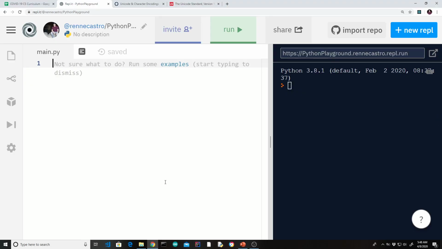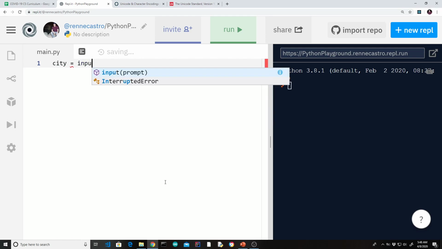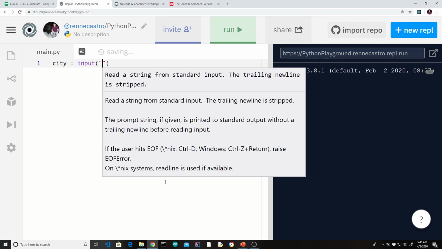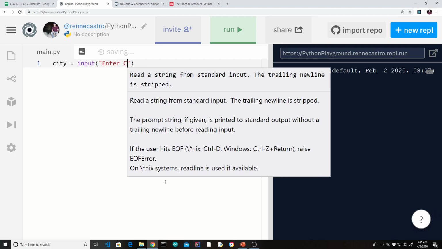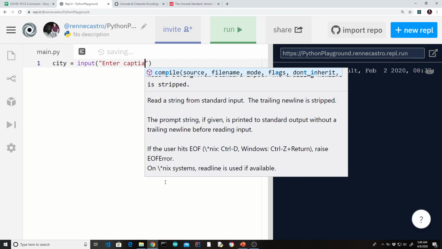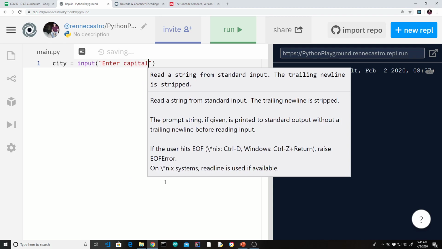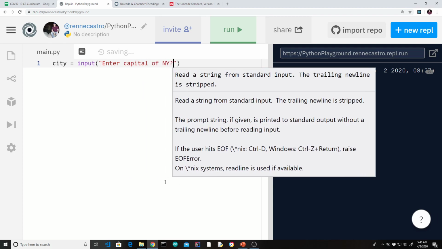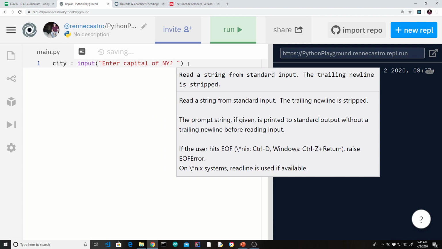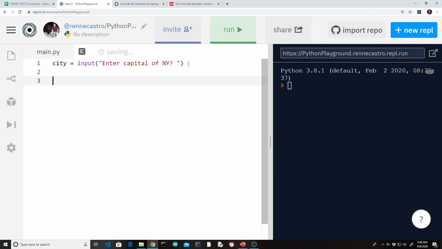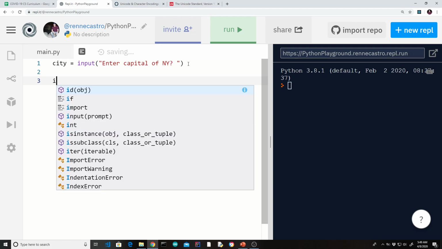So in a previous lesson, we had asked the user what the capital of New York was. So let's do that again. The capital of New York happens to be Albany. The challenge is that depending on how the person entered the answer, they either got it correct or wrong. So let me give you the simple scenario.